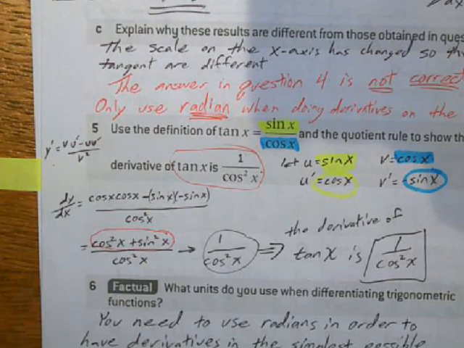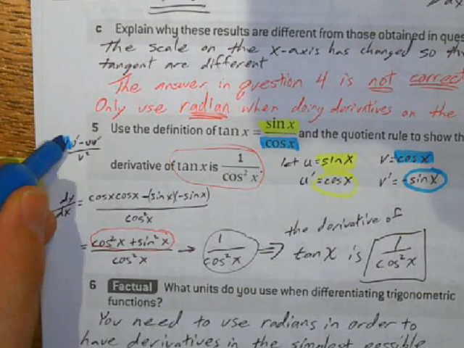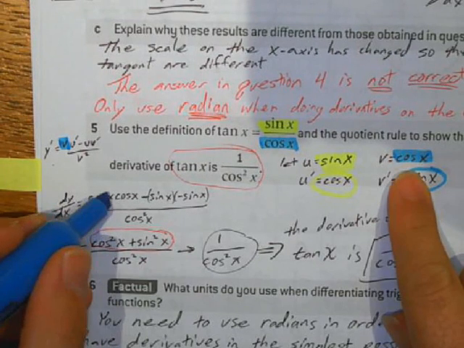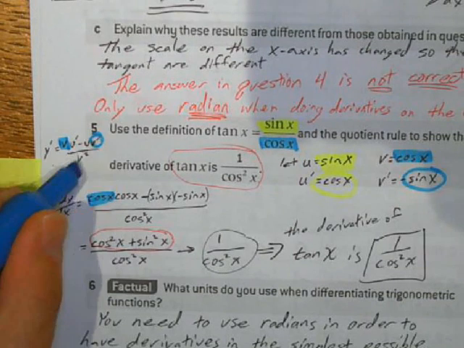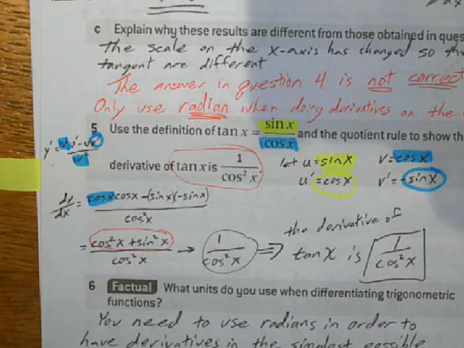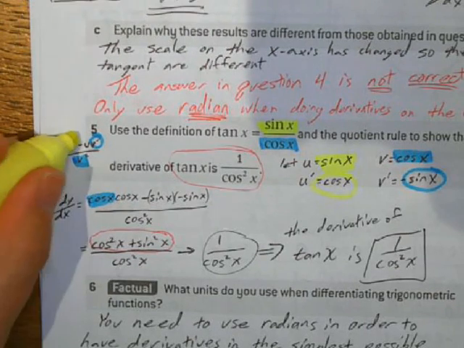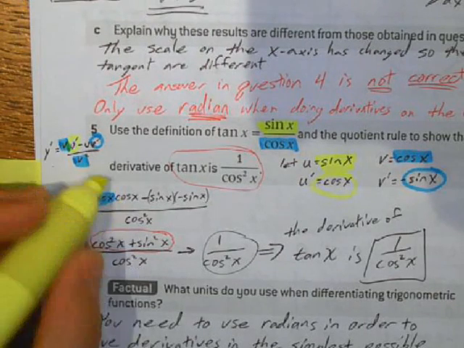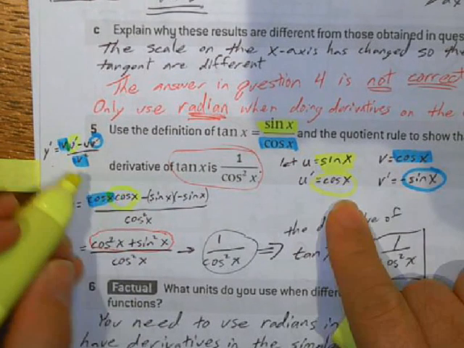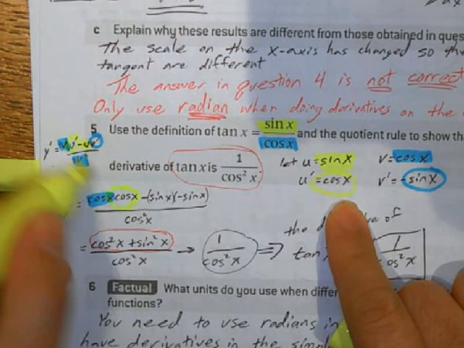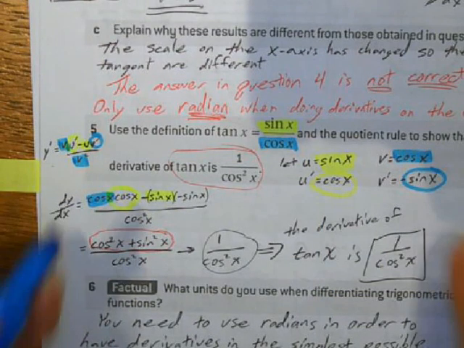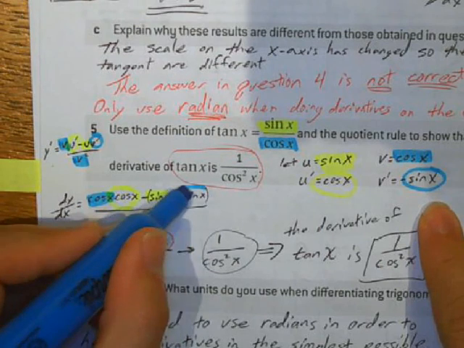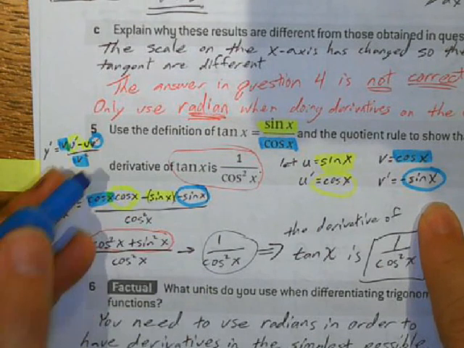So we've got v, which is cosine x, times the derivative of u, which is cosine x, minus u, which is sine x, times the derivative of v, which is negative sine x, divided by v squared.